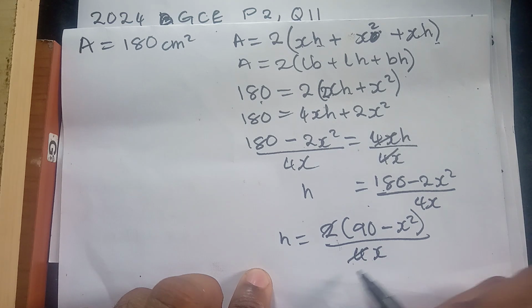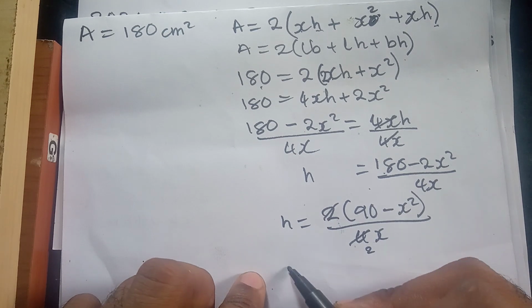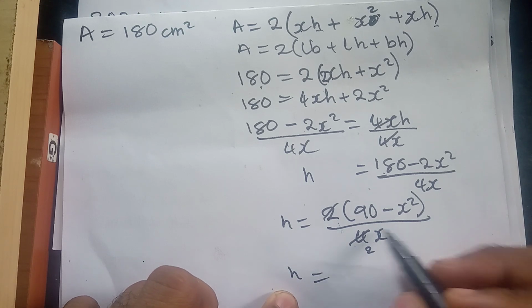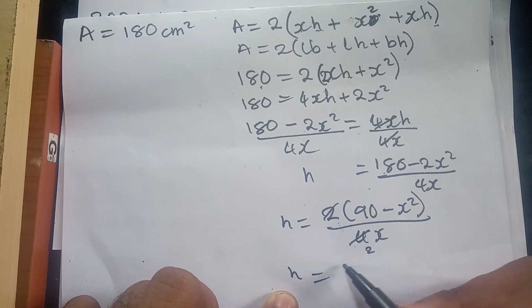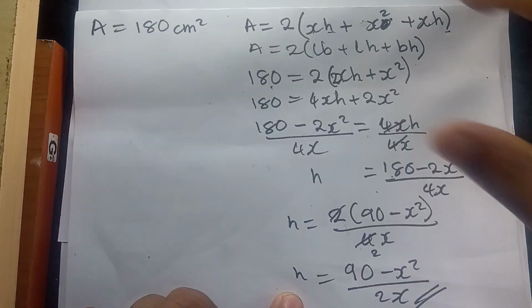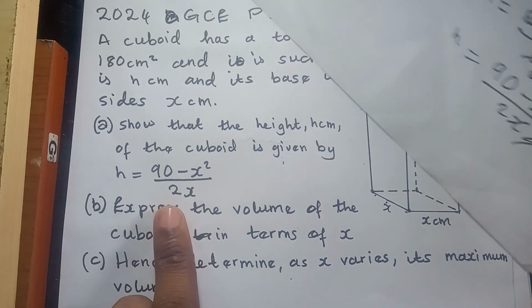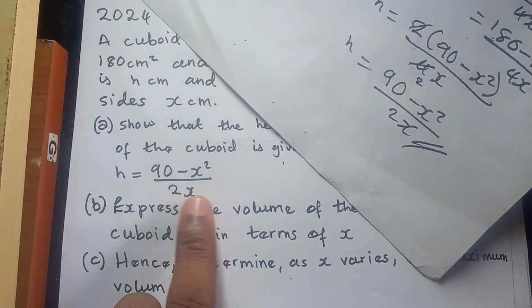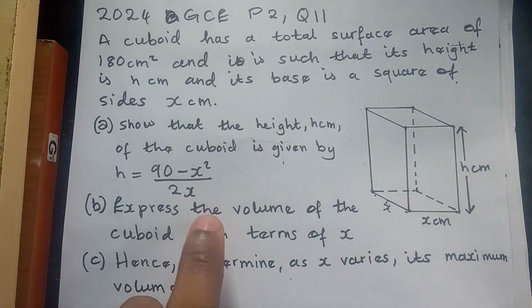So 2 into 4x will just give you 2x, and then we have 90 minus x squared over 2x, and you are done. You have shown that h is actually equal to 90 minus x squared over 2x.